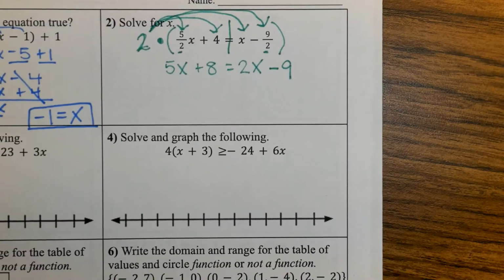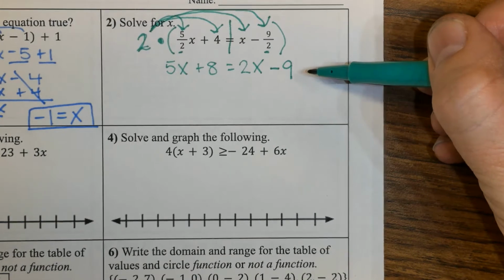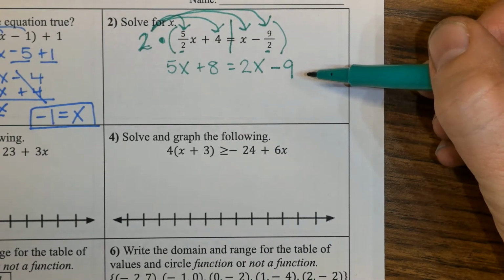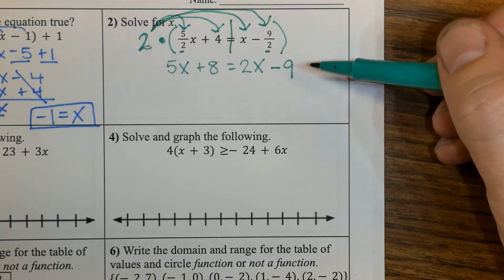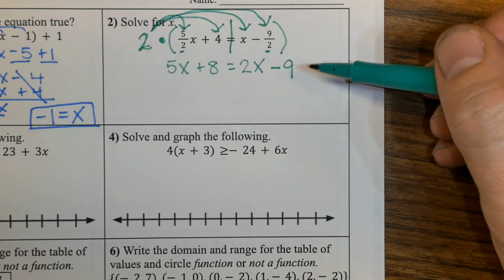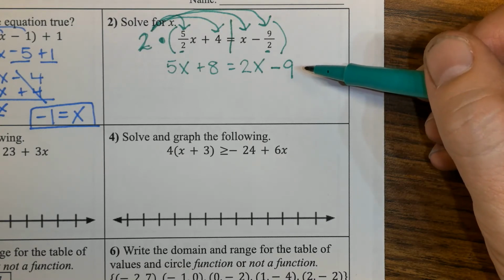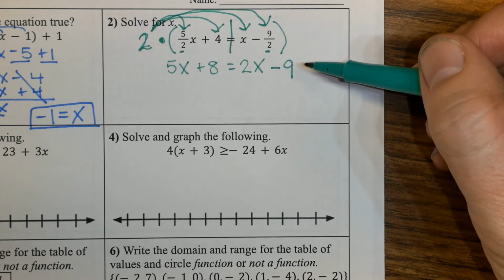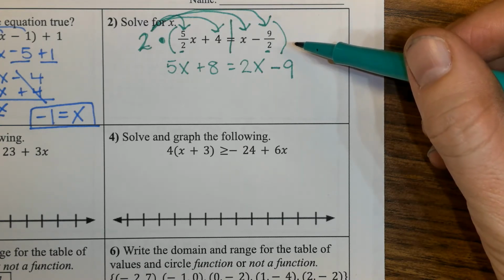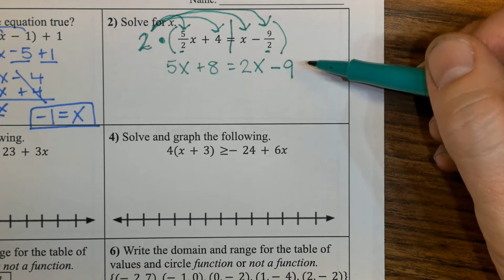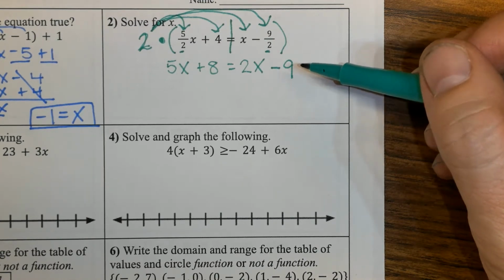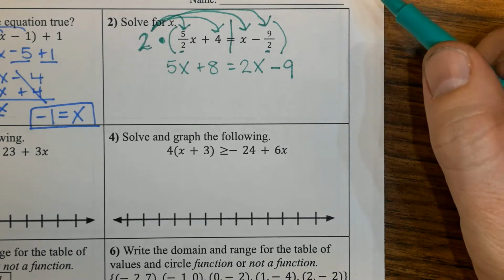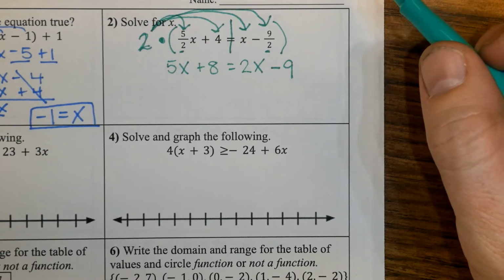Now, if I look at that equation right here without the fractions, that looks a lot easier to do. And then I don't have to worry about, am I going to add or subtract the fractions wrong, stuff like that. So, again, it's one thing that you do extra that gets rid of the fractions, and in my opinion, this makes it a ton easier for this question. So you can do this if you want to, or if you just want to leave all the fractions, you still can do that.